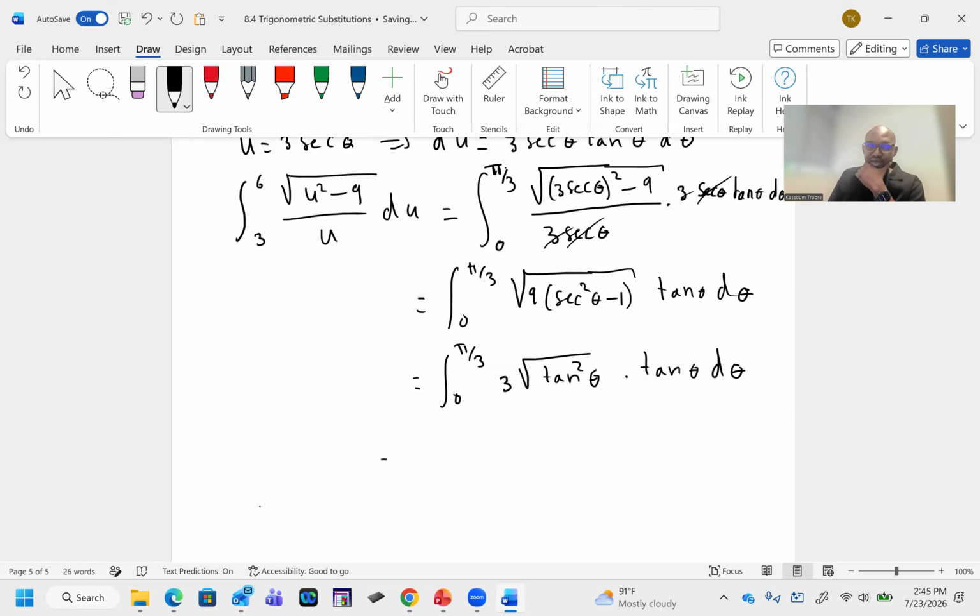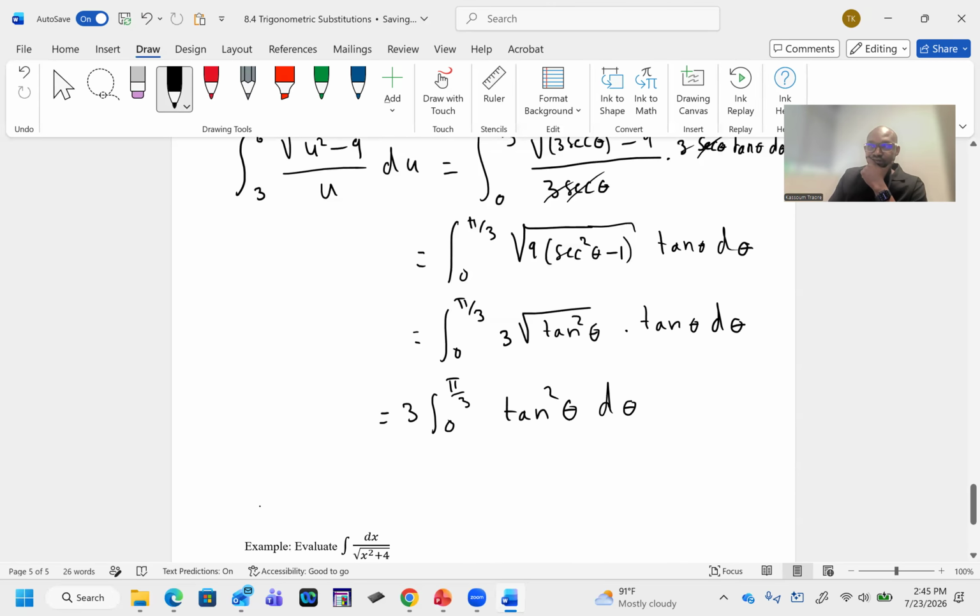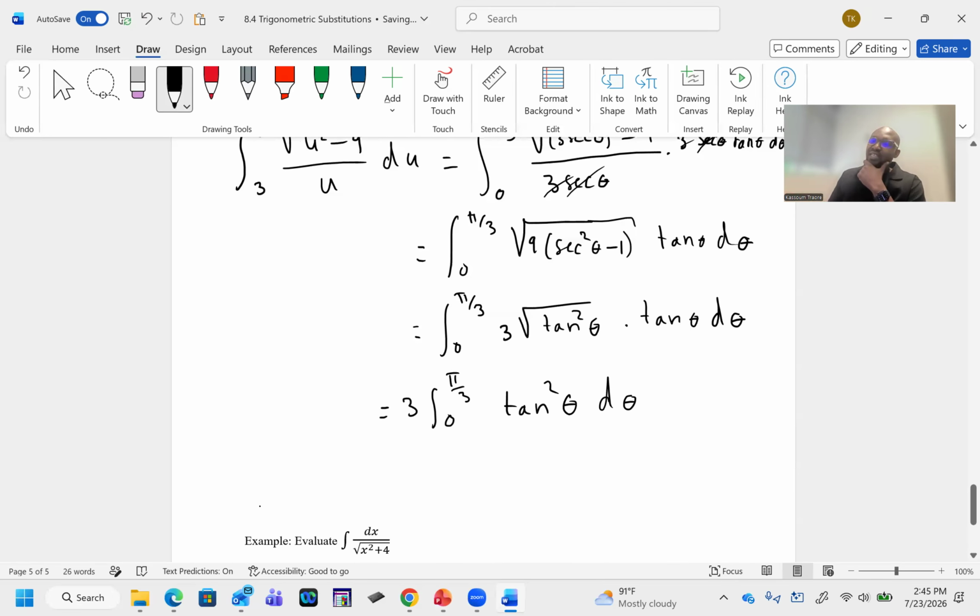I can take these 3 out. So I will have 3 times the integral from 0 to pi over 3. Tangent theta times tangent theta will be tangent squared theta d theta, right? And then the best way here is to change your tangent squared theta to secant squared theta minus 1 again.